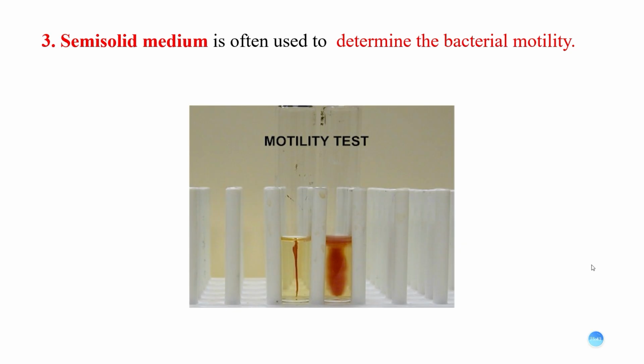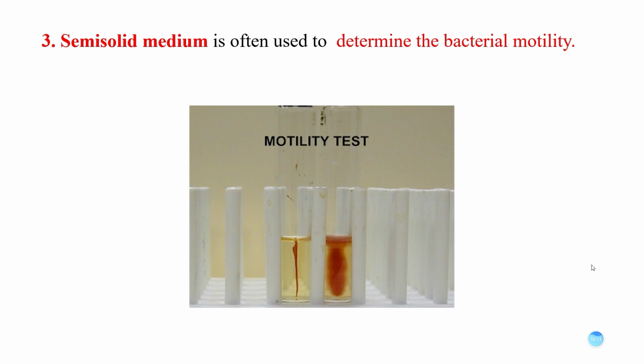What we do is that we make the semi-solid medium in this tube. Then we use a sterile needle, a straight needle, to inoculate bacteria in the middle in a line. It's like this line. Use a needle to puncture a vertical hole in the middle. If the bacteria cannot swim, they will only replicate in the line.